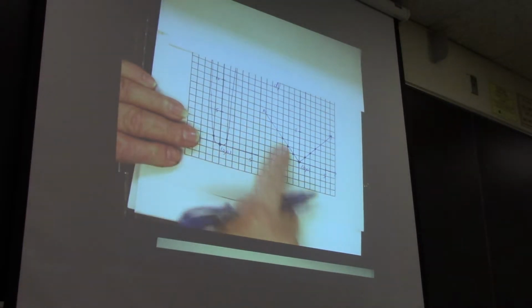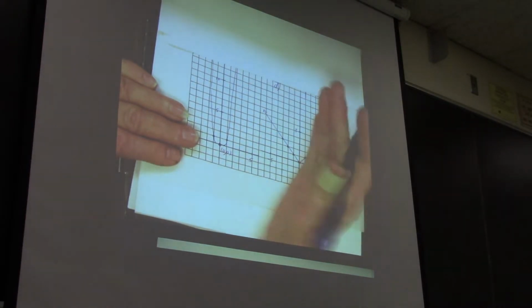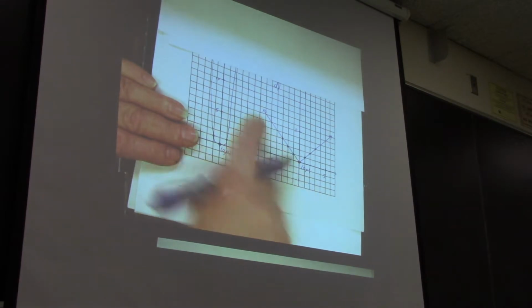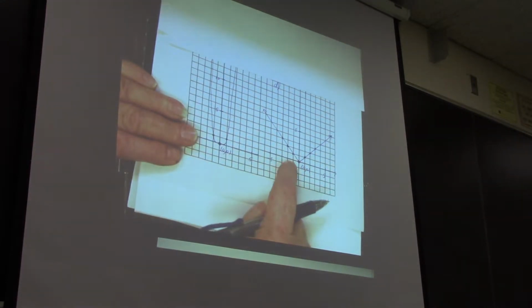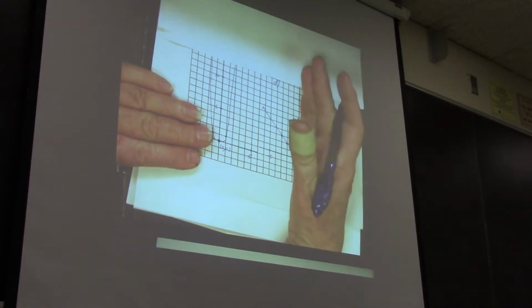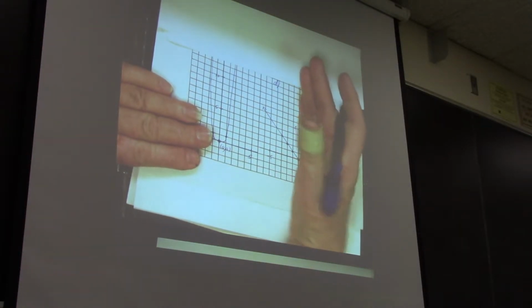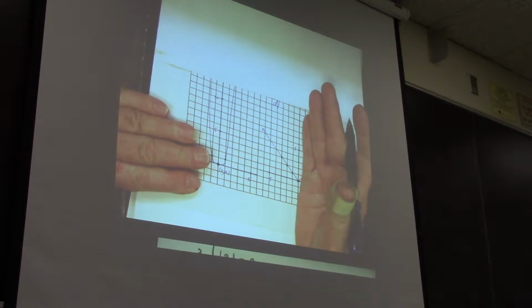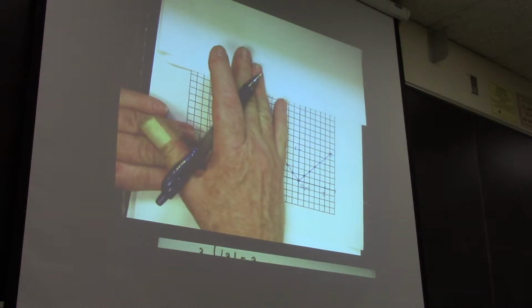What's the slope of this line when x is less than 0? What's the slope of that portion of the graph? -1, right? Because it's going down. And the slope of that portion of the graph? +1.